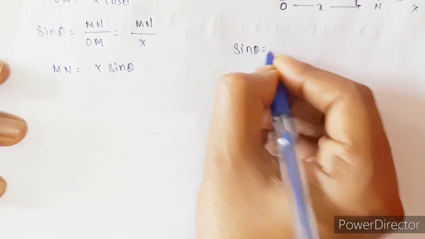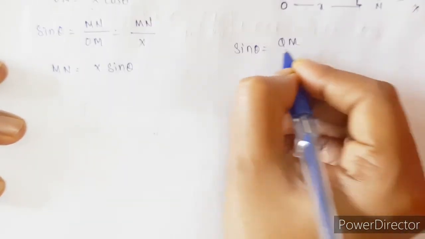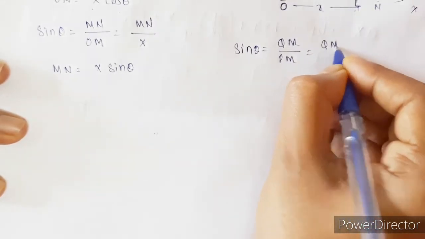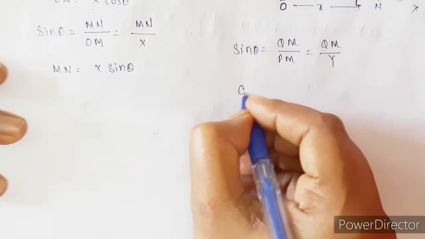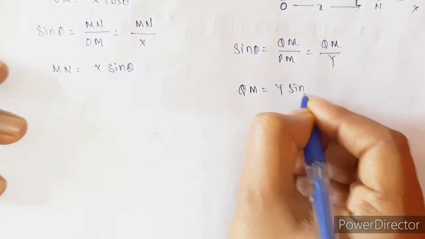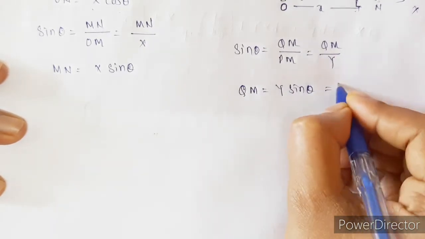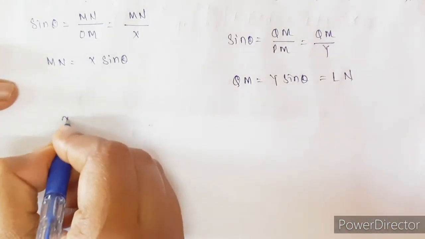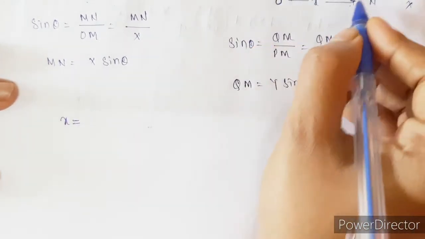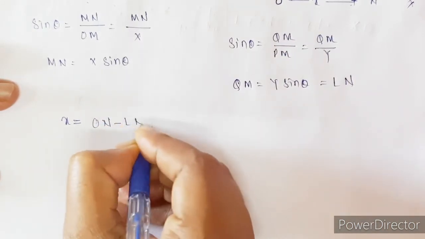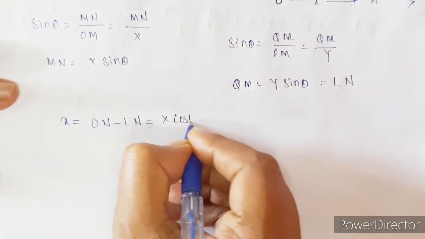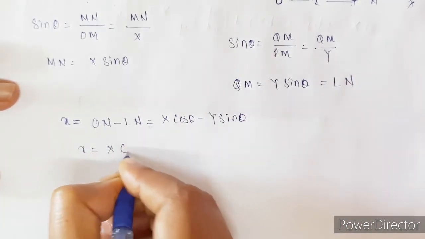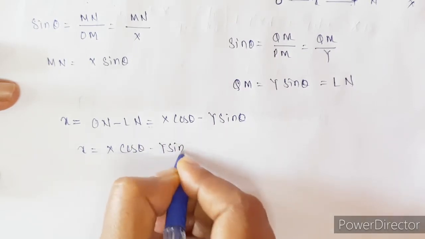So sin theta is going to be opposite, that is QM, upon hypotenuse, that is PM. So QM upon capital Y. So QM is nothing but Y times sin theta, and we know that it is parallel to LN, so it is going to be equal to LN. Now what will be the value of x? Small x is ON minus LN. So ON is X cos theta minus Y sin theta. You can write x as X cos theta minus Y sin theta.